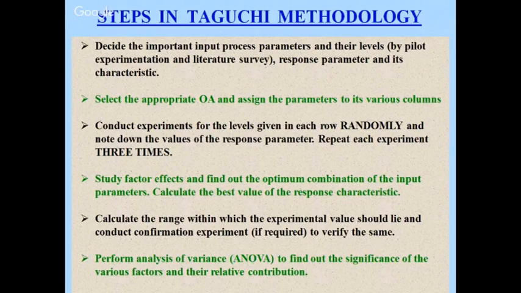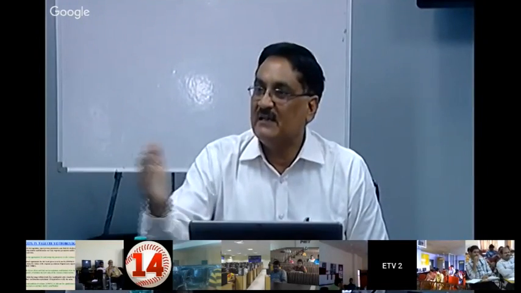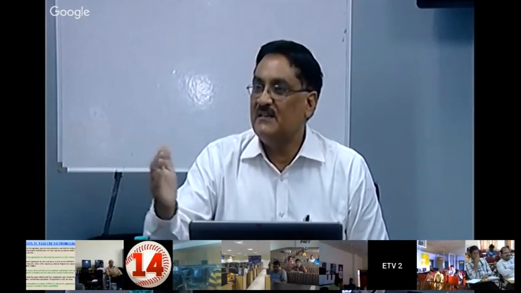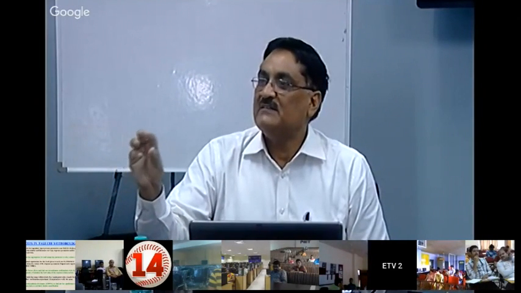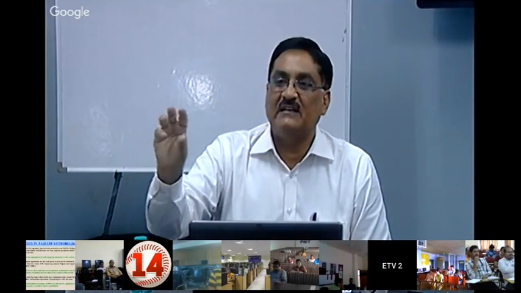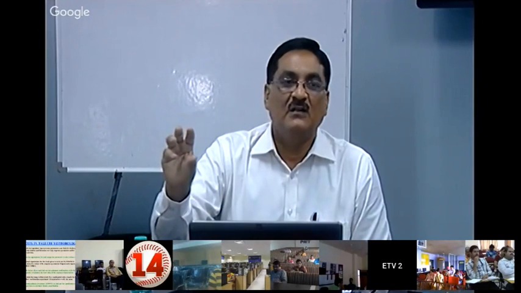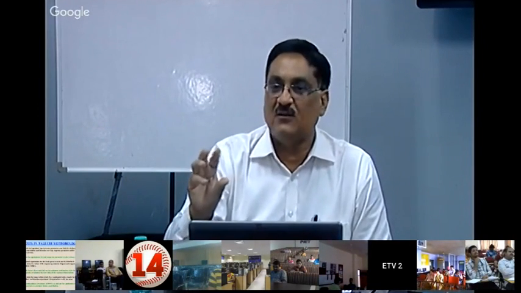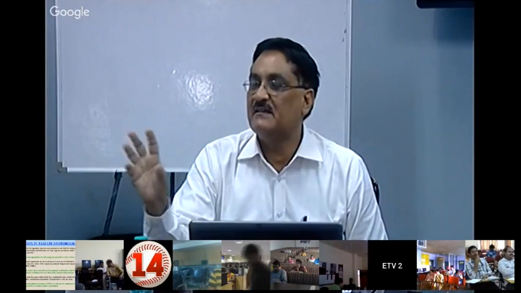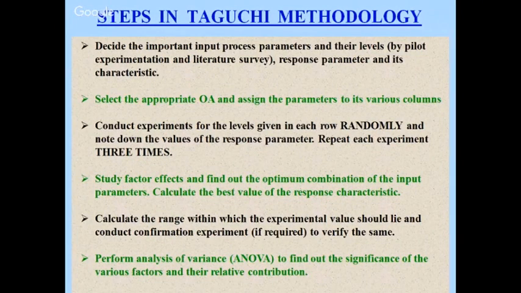Any machine would have a definite capability, 30 volts to 120 volts. Steps may also be defined. It may be a continuous variation, by which I mean that you can set it at 36 volts also, you can set it at 42 volts also. But it may be a discrete variation. Normally voltage has discrete variation. That means you can set it at 30 volts, 35 volts, 40 volts, 45, nothing in between.